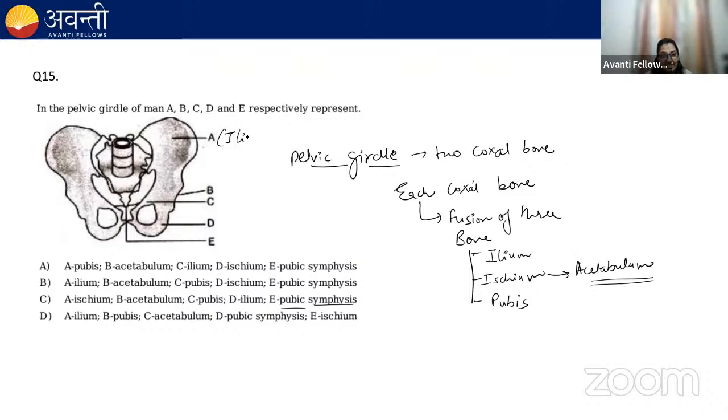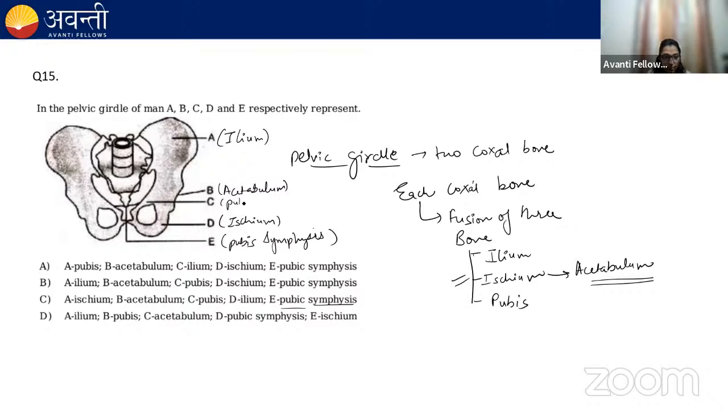So A represents ilium, E represents pubic symphysis. B is acetabulum, the cavity. And remember, this cavity is present in ischium. D is ischium.